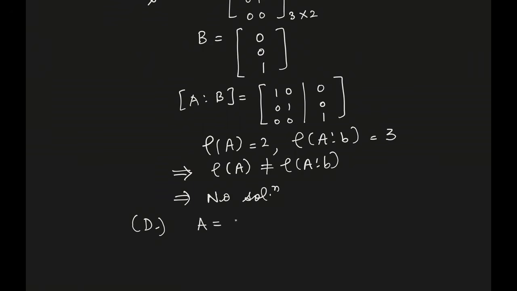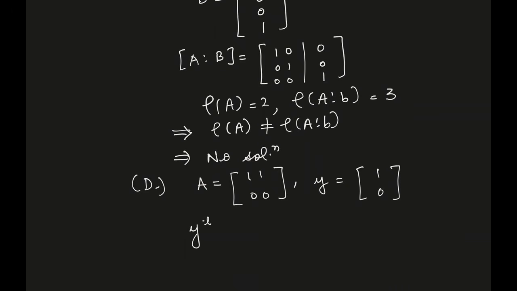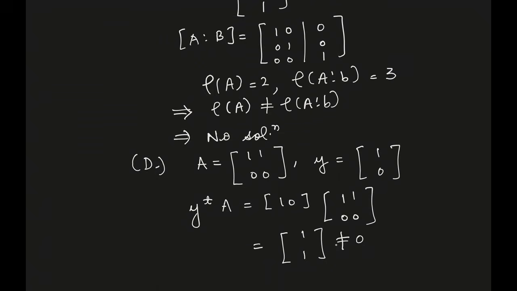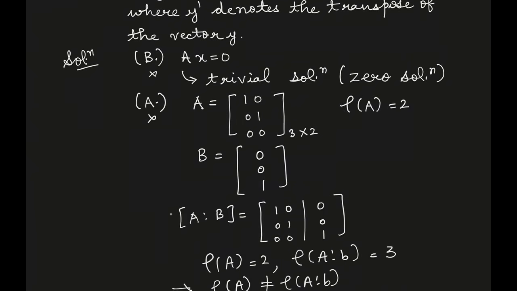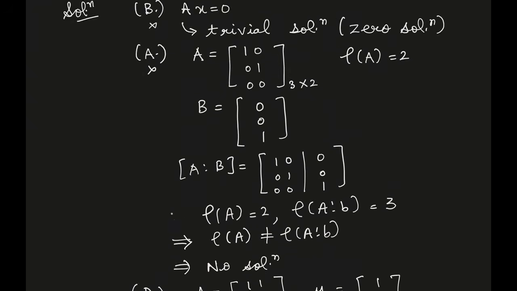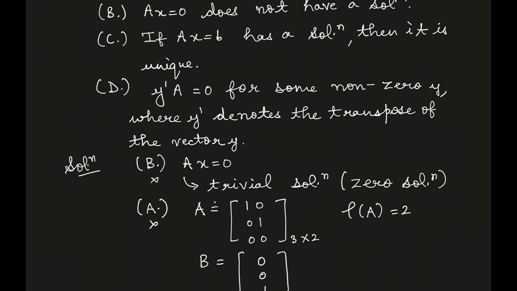If I take matrix A as 1 1, 0 0 and y as 1 0, then y transpose A is 1 0 into 1 1, 0 0. So this will be 1 1. It is non-zero, but it was saying in the option that y transpose A is 0. So option D is also discarded. So correct answer is option C.